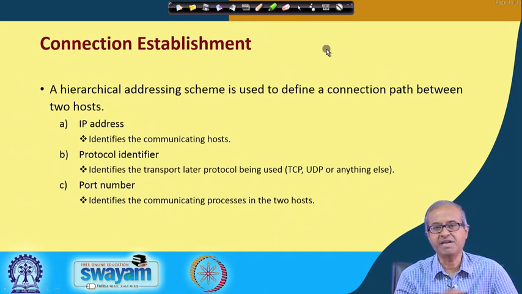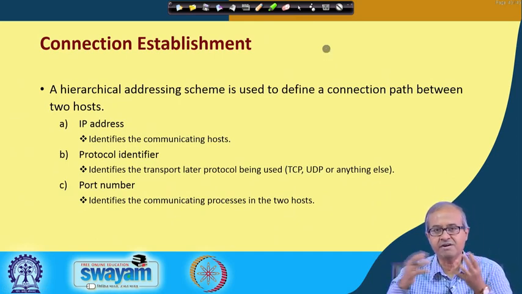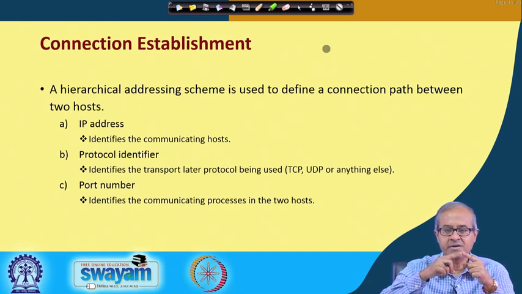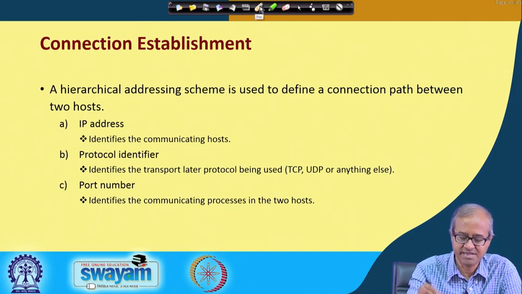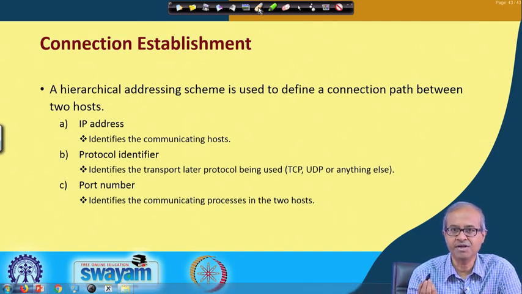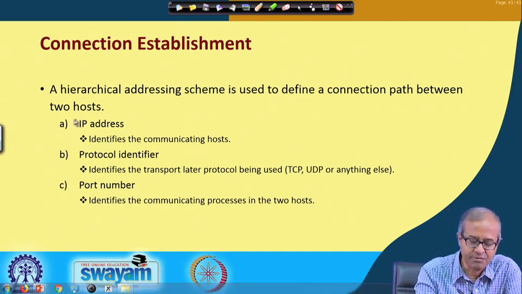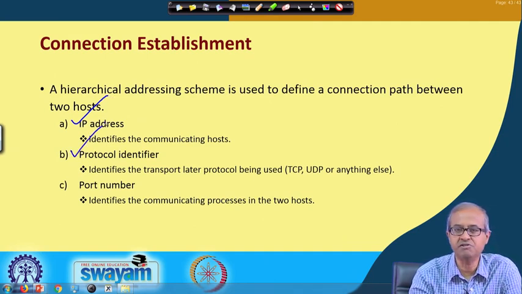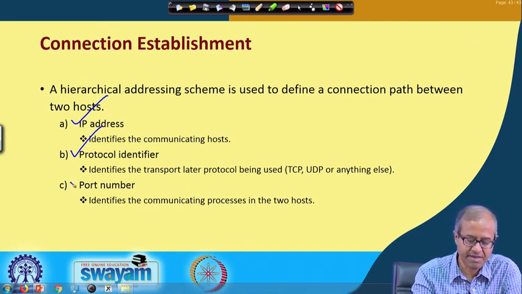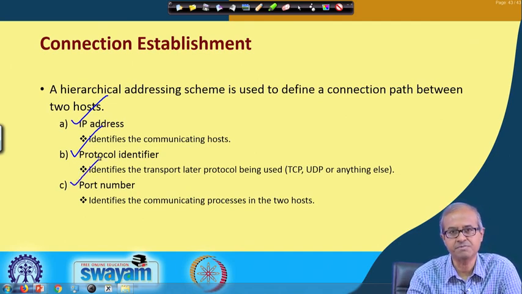Now, talking about connection establishment, whenever under TCP/IP I want to establish a connection with another host, there are three things I mentioned already that you need to specify. You need to specify the IP address, which protocol you are using, TCP or UDP, and the port numbers.